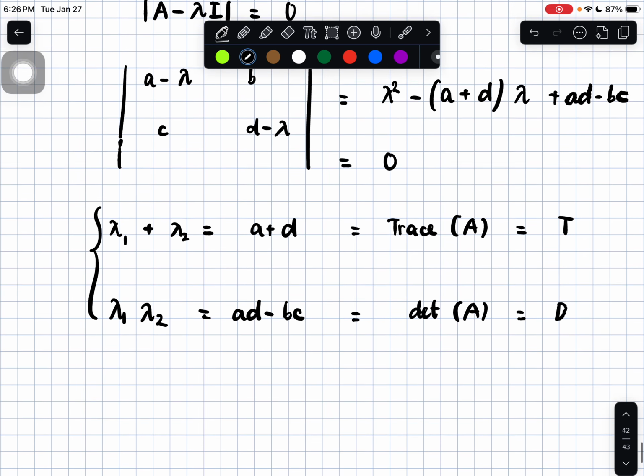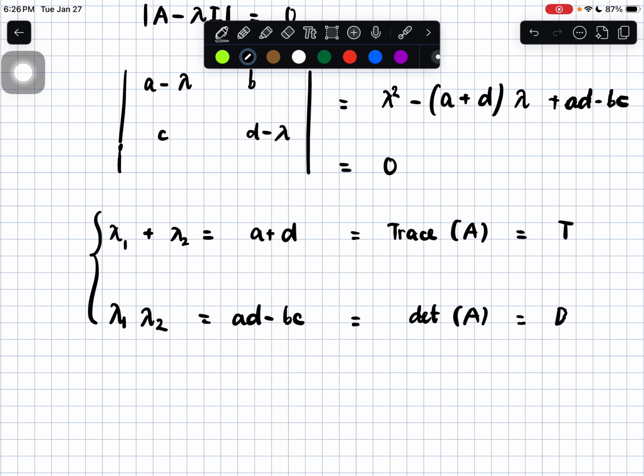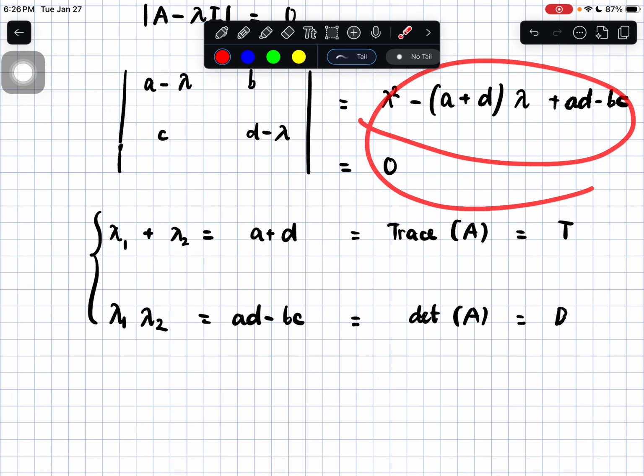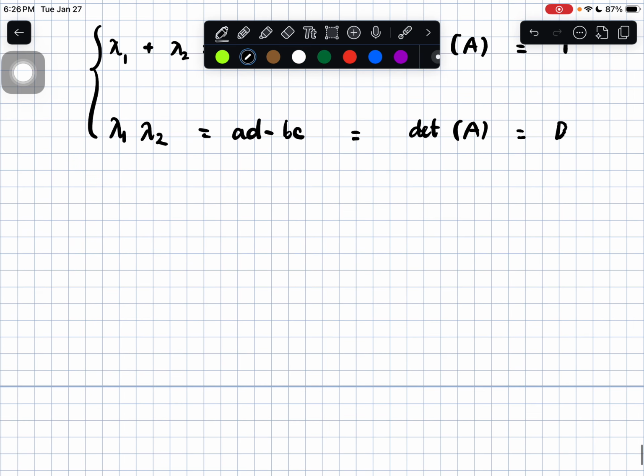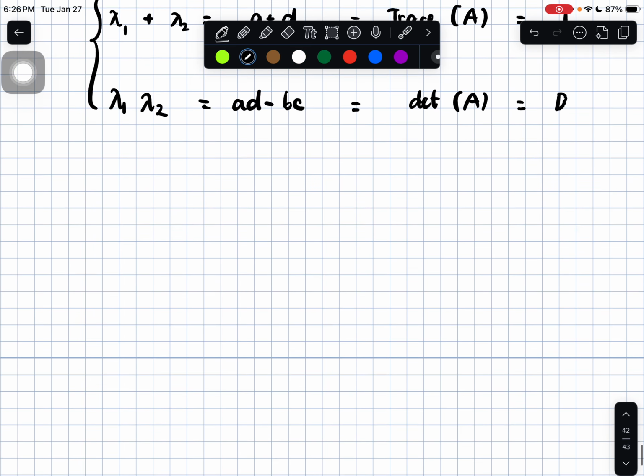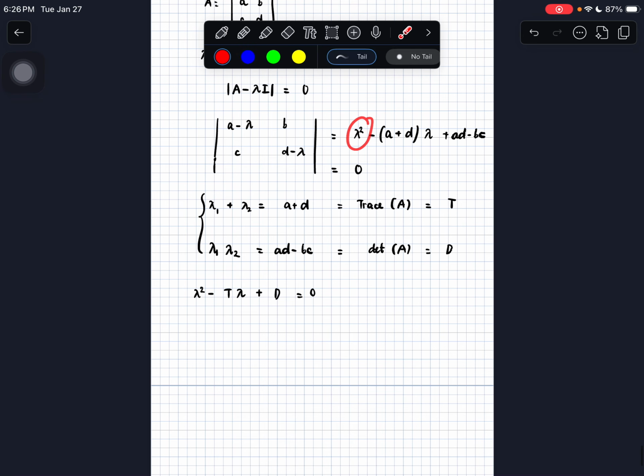Now the characteristic equation can be written as lambda squared minus T lambda plus D equals 0.